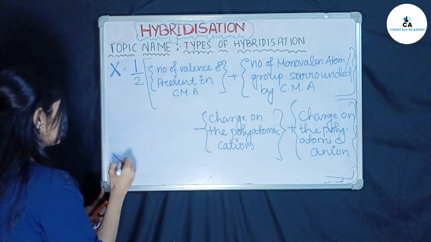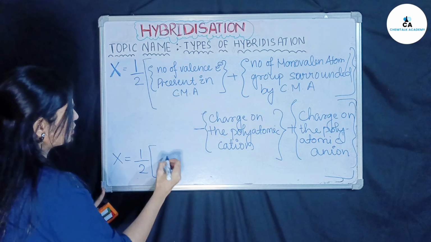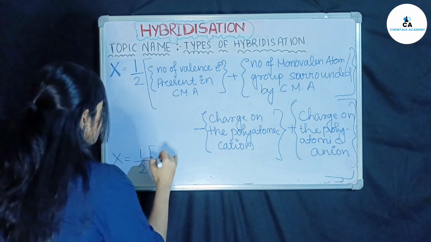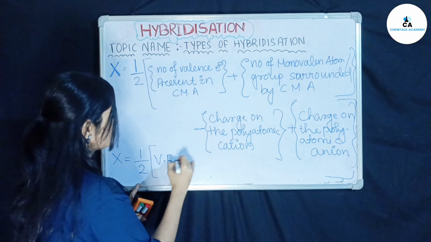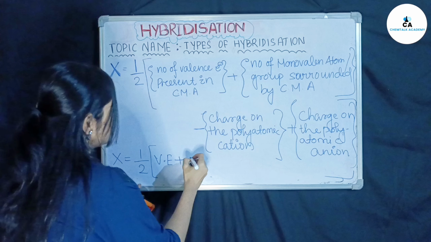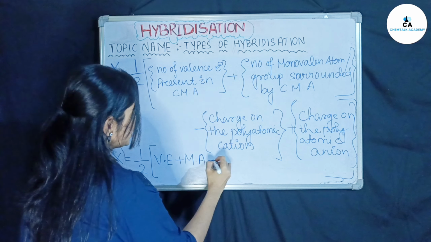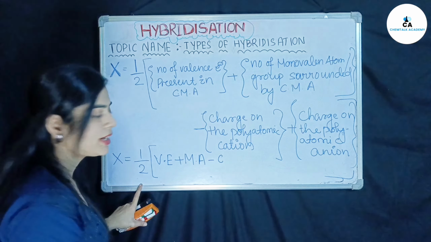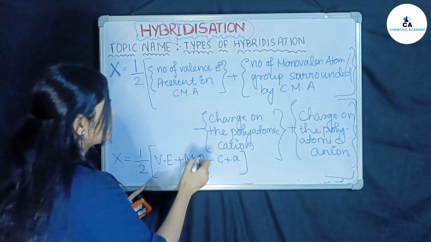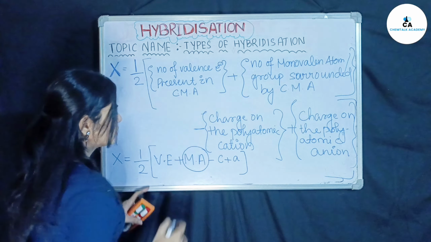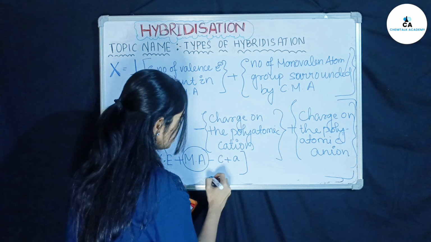In short, it will be half into valence electron, VE, plus monovalent atom MA, minus charge of cation plus charge of anion. And always remember, the value for divalent atom is always equal to 0.